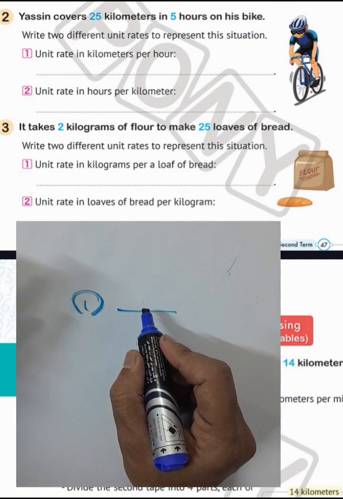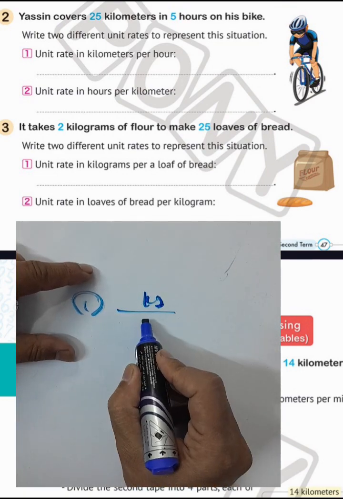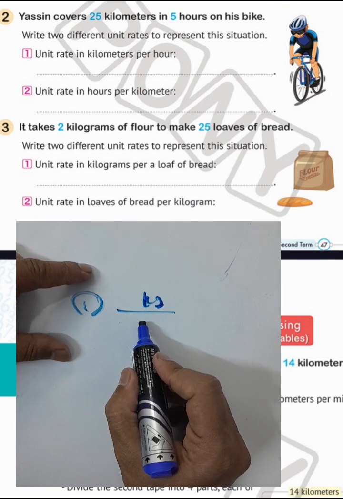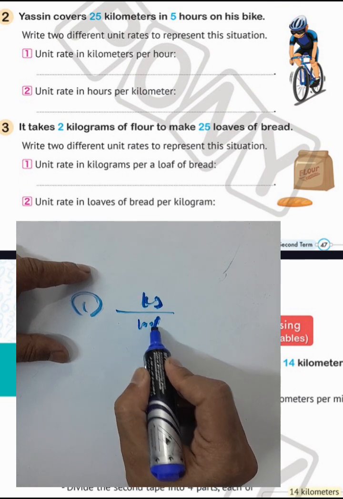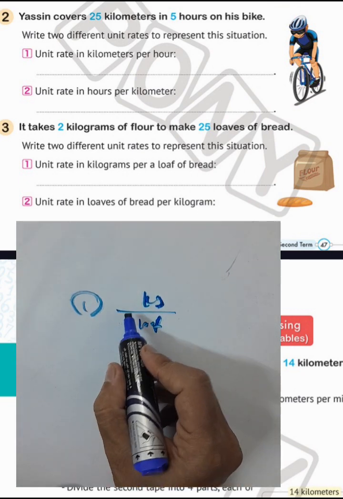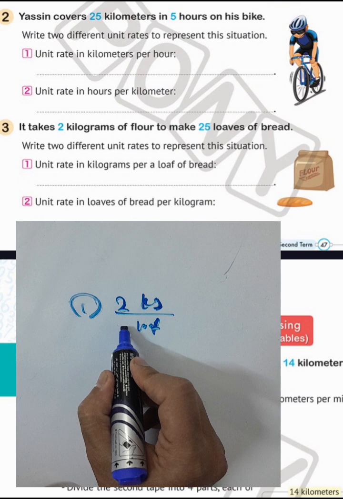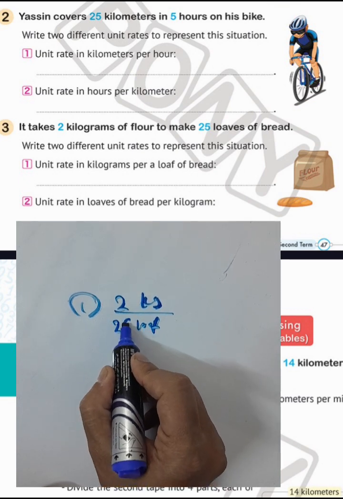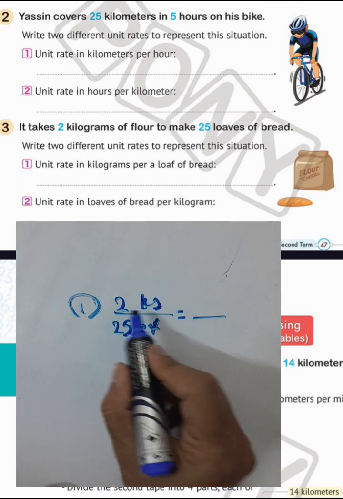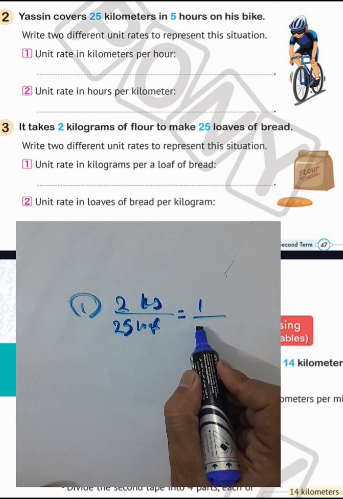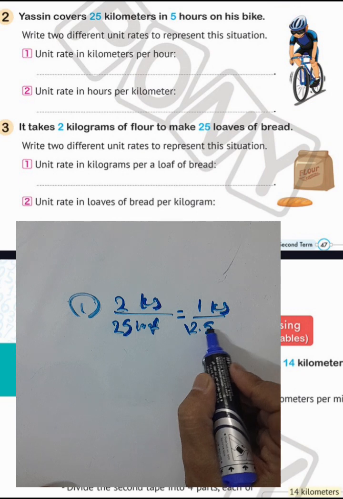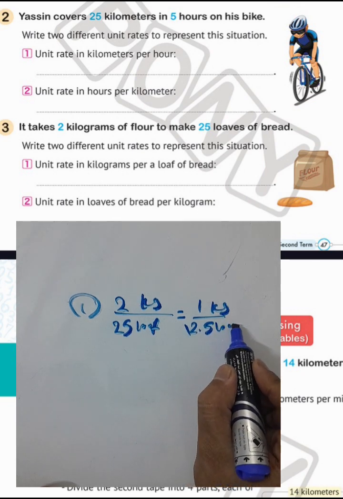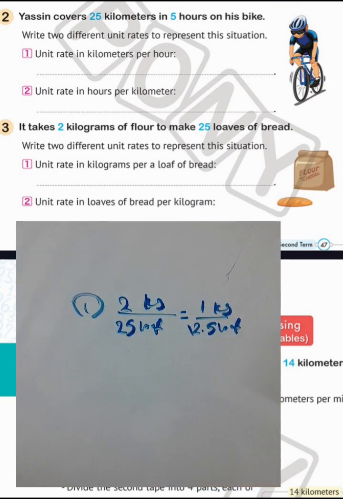We can write the number of kilograms over the number of loaves of bread. First write 2 over 25. You can simplify this by dividing the numerator and denominator by 2. It will be 1 and 12.5. Then we can write 1 kilogram per 12.5 loaves of bread.